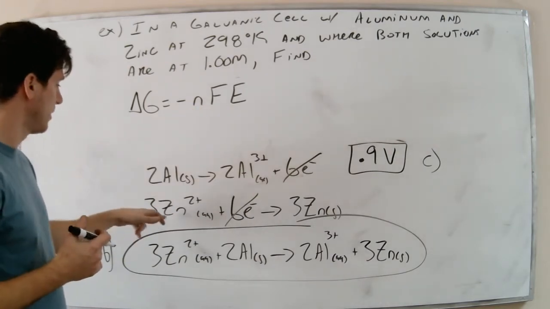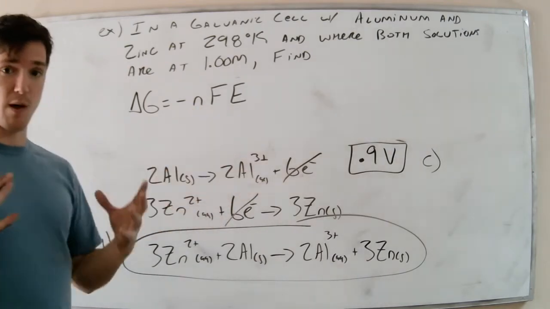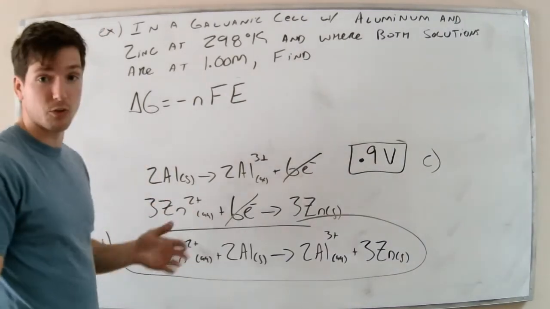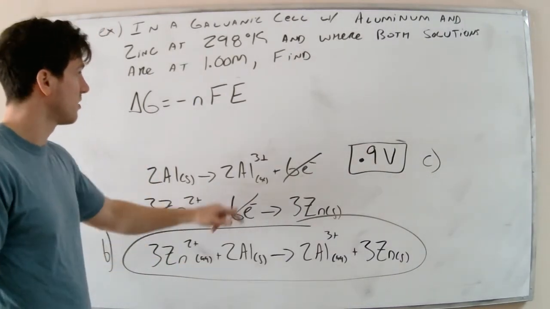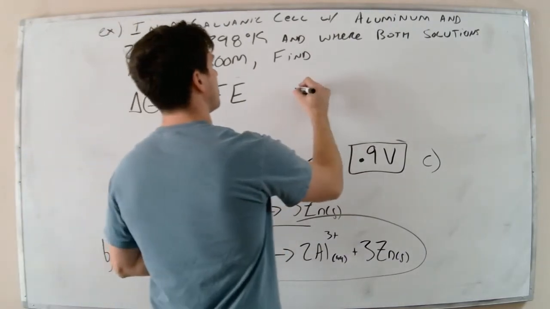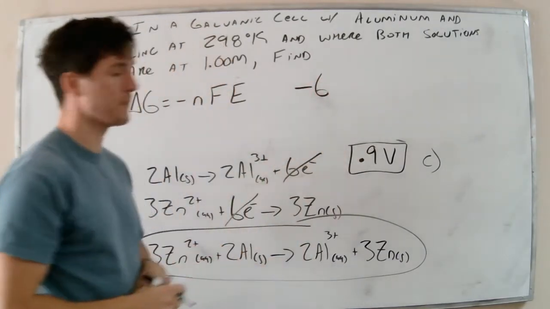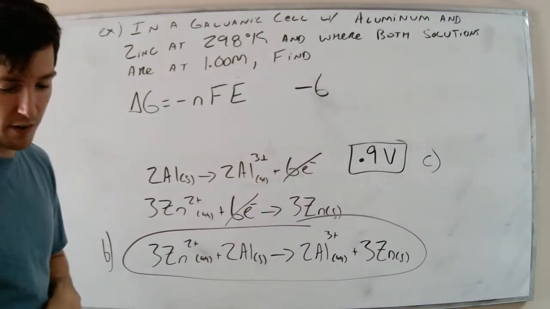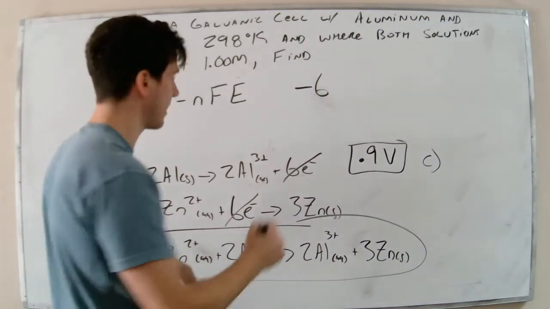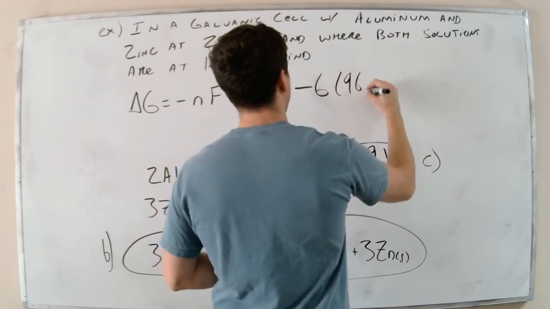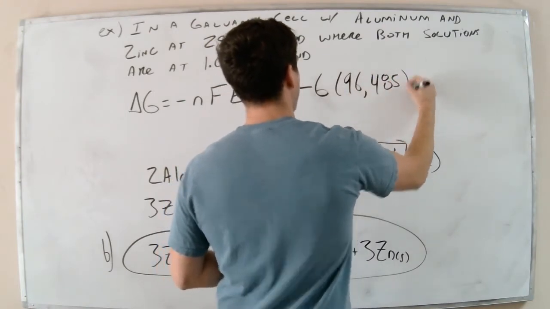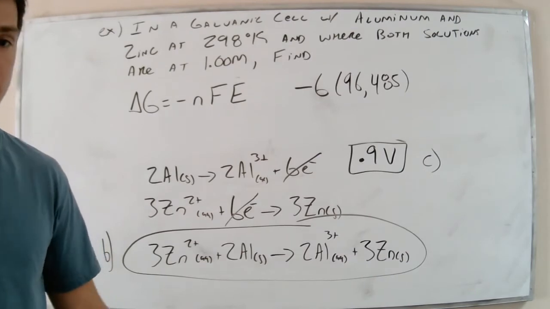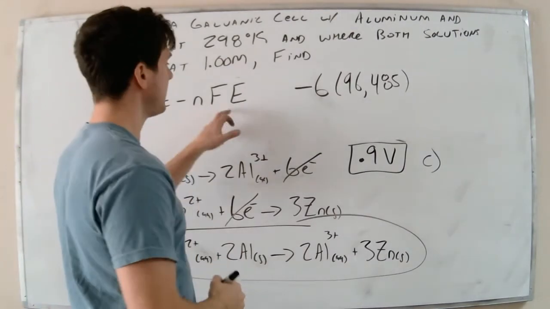Remember that when we matched them all up, the moles of electrons we had was 6. It was 2 and 3, but then we had to get them both to 6, so that is what our n is going to be. So it's going to be -6. F is Faraday's constant, which, if I remember correctly, is 96,485. Let me just make sure I have that right, because I don't have every constant memorized. Yep. And then E is 0.9.